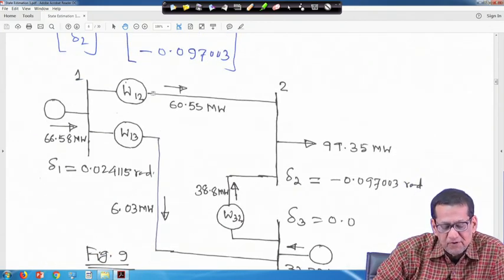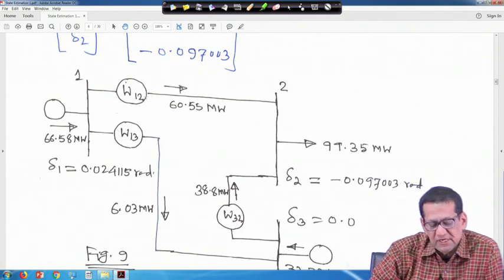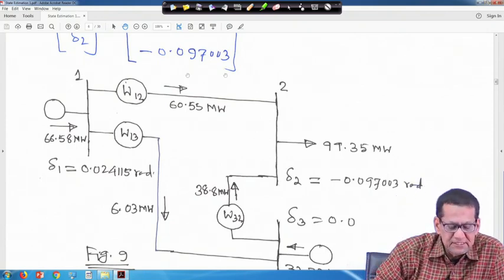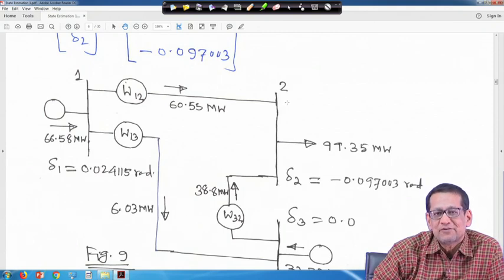Therefore, if you now calculate the power flow using the same thing, then you will get W12, power flowing from 1 to 2, whatever meter reading was given, that 60.55. Simply you can calculate this directly, delta 1 minus delta 2 upon x12. Only thing is that all the bus voltage magnitudes we have assumed 1 per unit.